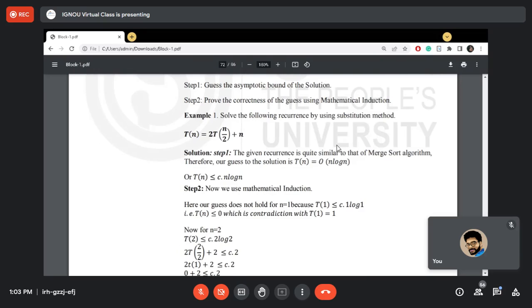So solve the following recurrence by using the substitution method. So here is n divided by 2. That means we are dividing our solution, and whenever we are dividing, that always gives us log n times. I told you earlier too, we always use log n whenever we are dividing.